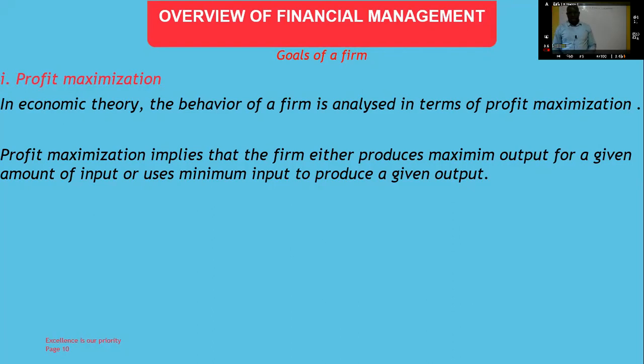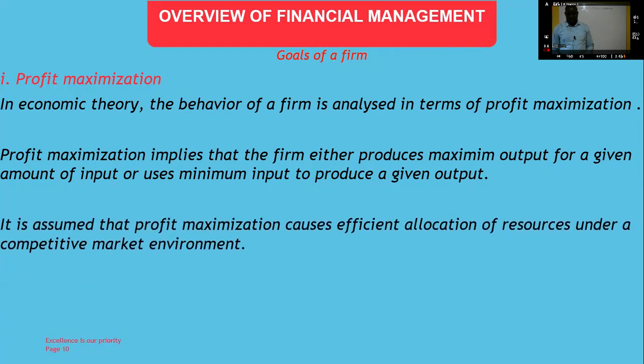Or how can we maximize the output from a given amount of input? That's what we call profit maximization. Now, it is assumed that profit maximization causes efficient allocation of resources under a competitive market environment. That's an assumption.